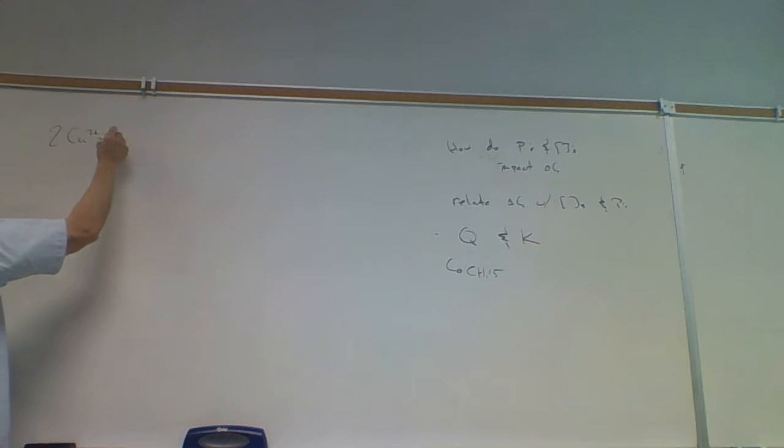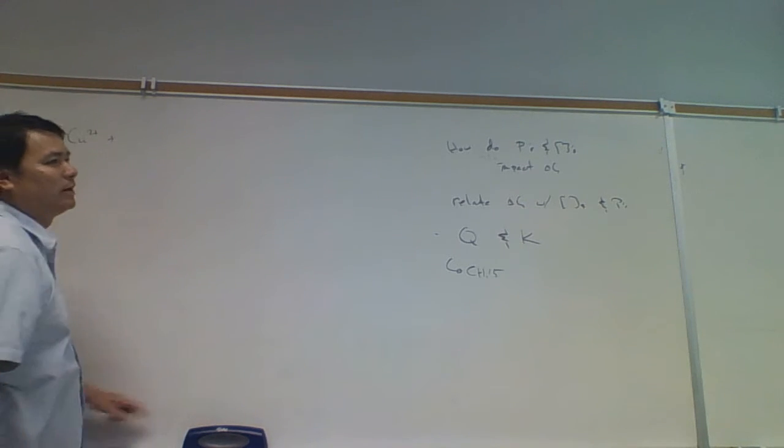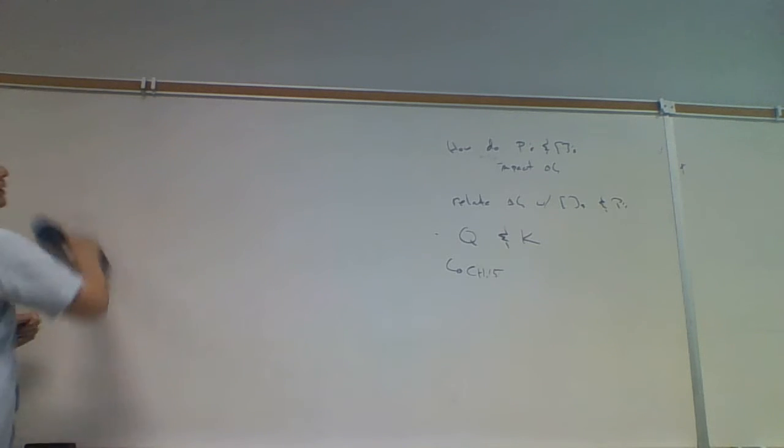Actually, I'm going to write it again. Write that reaction in there. And so I need to go to Appendix D and look at copper 2 and copper 1 and tin 2 and tin 4, etc. And then I can calculate my delta G. Is it favorable or unfavorable?